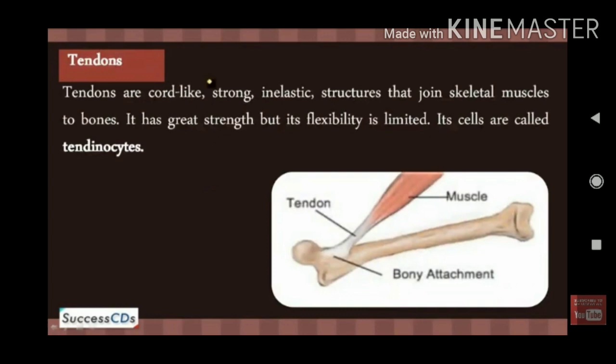These tendons are bundles of parallel rows. Within these parallel rows, the matrix is present in a column-like structure. That is called a fibroblast.